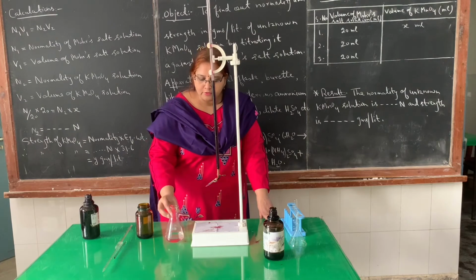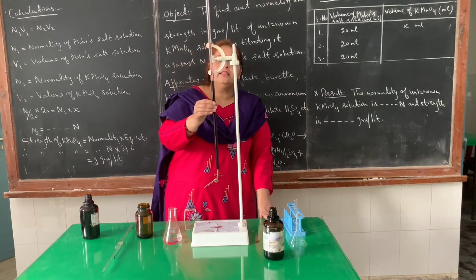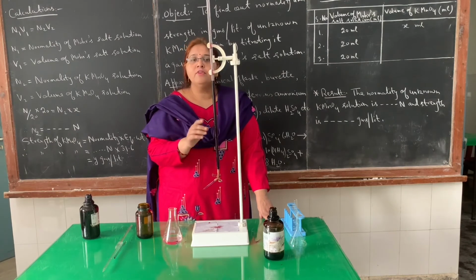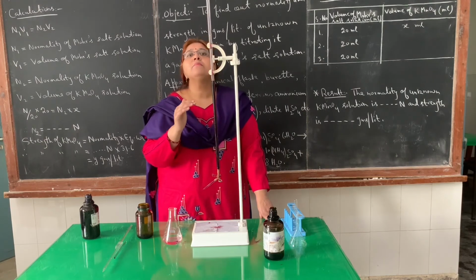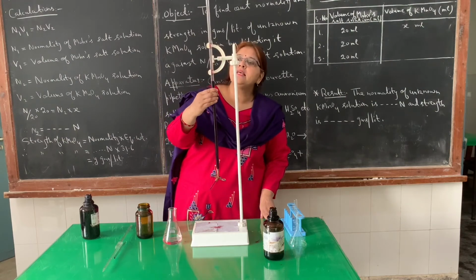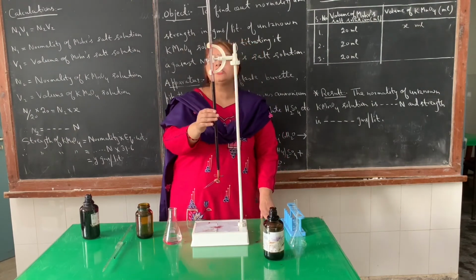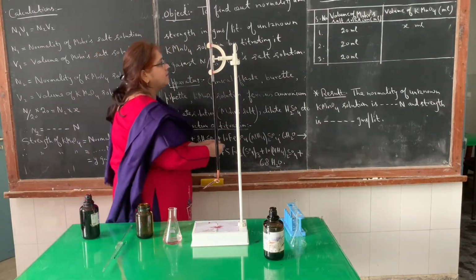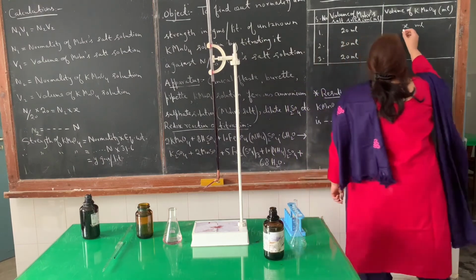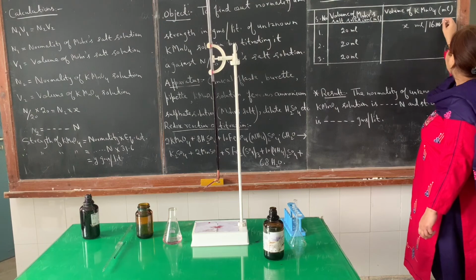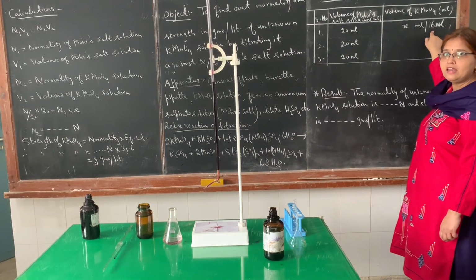Now, how do you take the reading? Since it is a colored solution, we will not be able to see the lower meniscus, so we will always take the upper meniscus as the reading. For example, in this case, we have 16. In the calculation, we have written it as X ml, so here it will be 16 ml, since it is our burette reading.